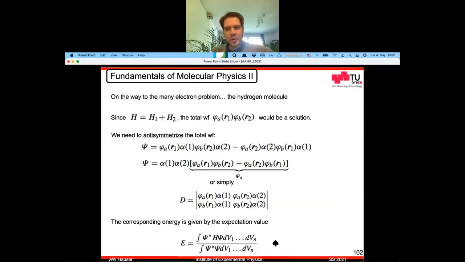I'm taking electron 2 and put it in place of 1, and I take 1 and put it in 2. That is identical to switching columns in our determinant here. So you can see by taking the determinant, you have already created this mechanism that the particle exchange of 2 electrons creates a wave function of opposite sign. So this is the feature of the determinant.